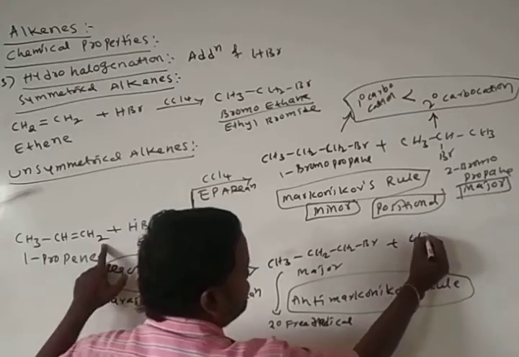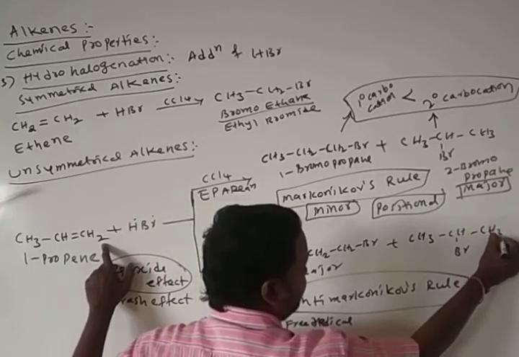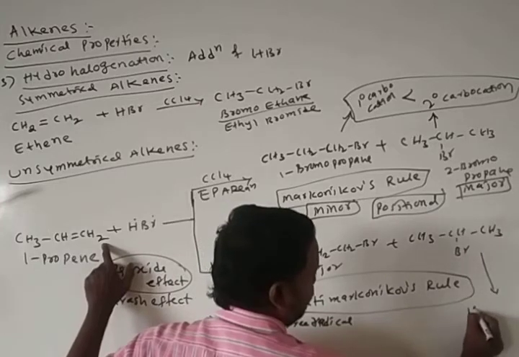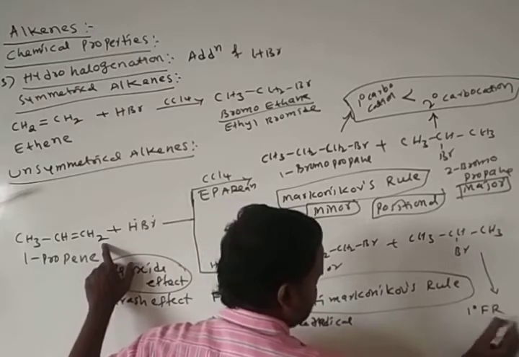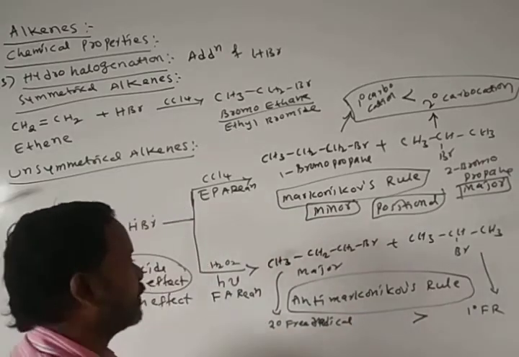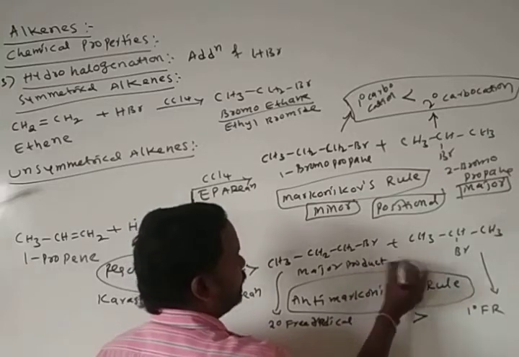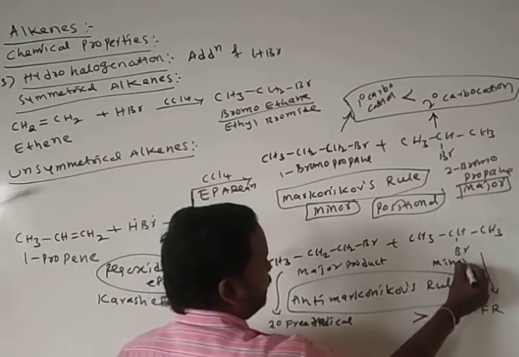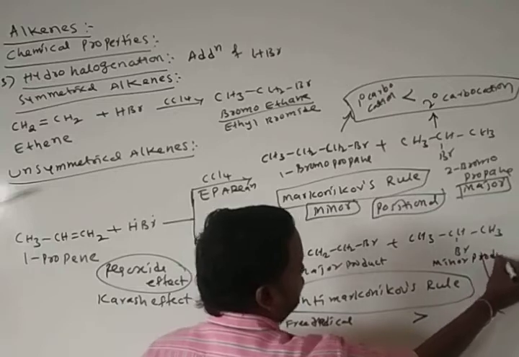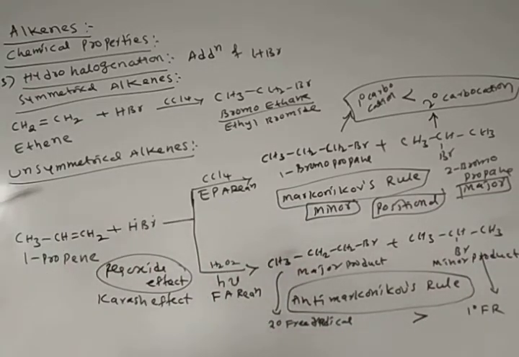The other product is CH3-CHBr-CH3, 2-bromopropane, which proceeds through a primary free radical. A secondary free radical is more stable than a primary free radical, so one is the major product and the other is the minor product. This is the anti-Markovnikov rule.